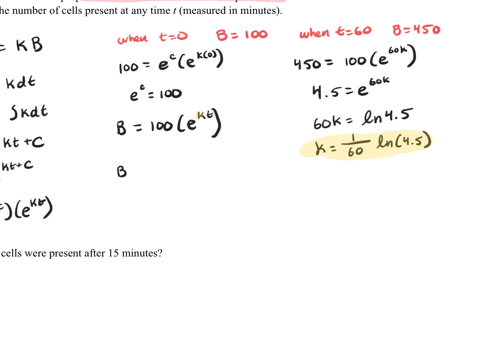So if we have b equals 100 times e to the power of 1/60th natural log of 4.5 times t, if we are using our calculator, we can just plug this in and get a decimal approximation for this value, and it ends up being 100 times e to the power of 0.0251t.